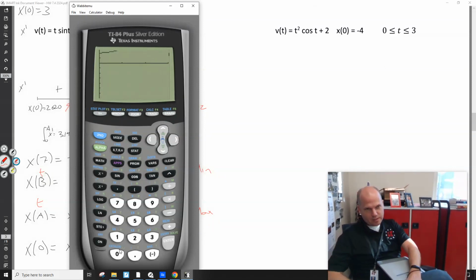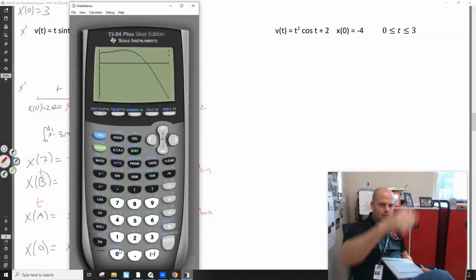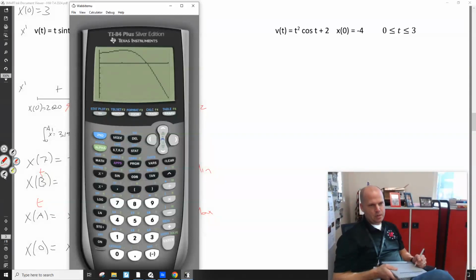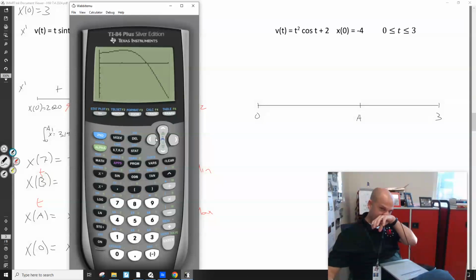Big money, no ways. Yes. Thank goodness, right? Come on. What are we even doing here? Huh? Calculus. We're doing calculus. That's what we're doing here. 0, 3, an A value is it. What's A? Second calc. Intersect. Enter, enter, enter.